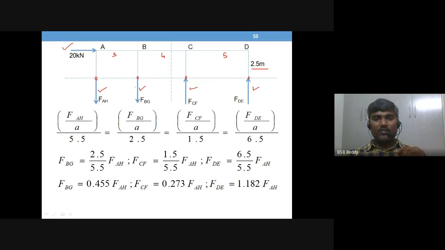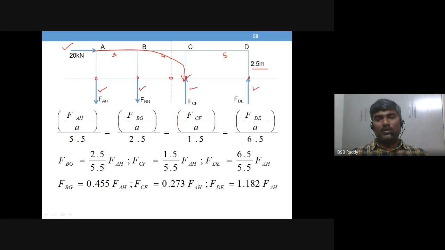Next, how I kept these arrows. Some arrows are downward, some arrows are upward. How did I keep those arrows? The reason is, see this 20 kilonewton meter. See, this is the CG point. So this 20 kilonewton meter is rotating this frame clockwise.